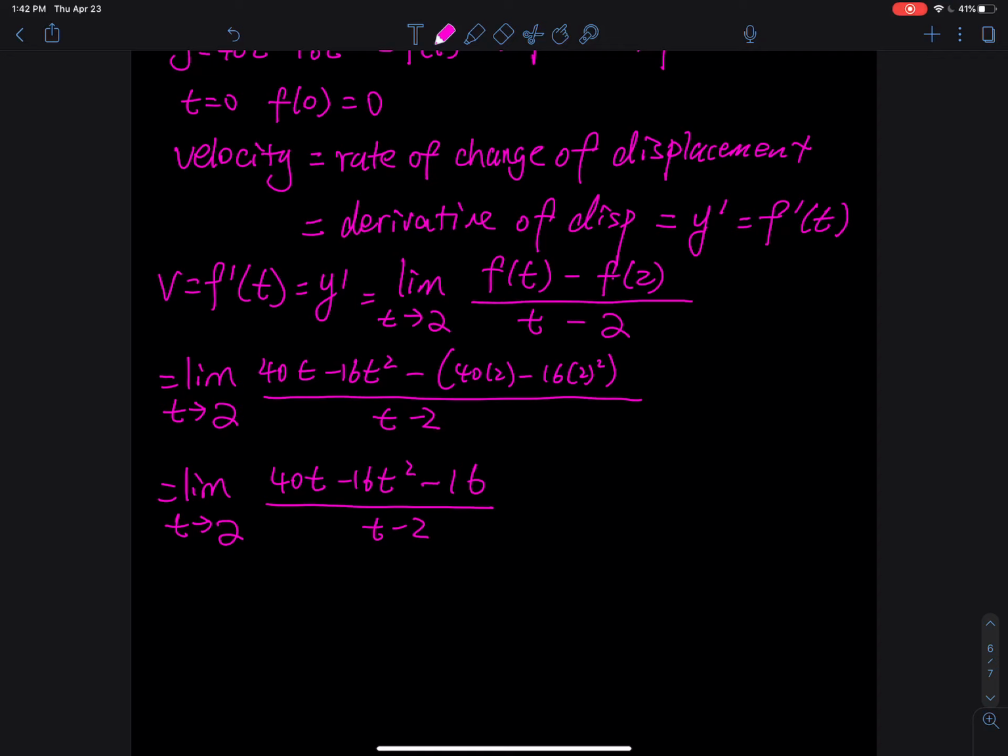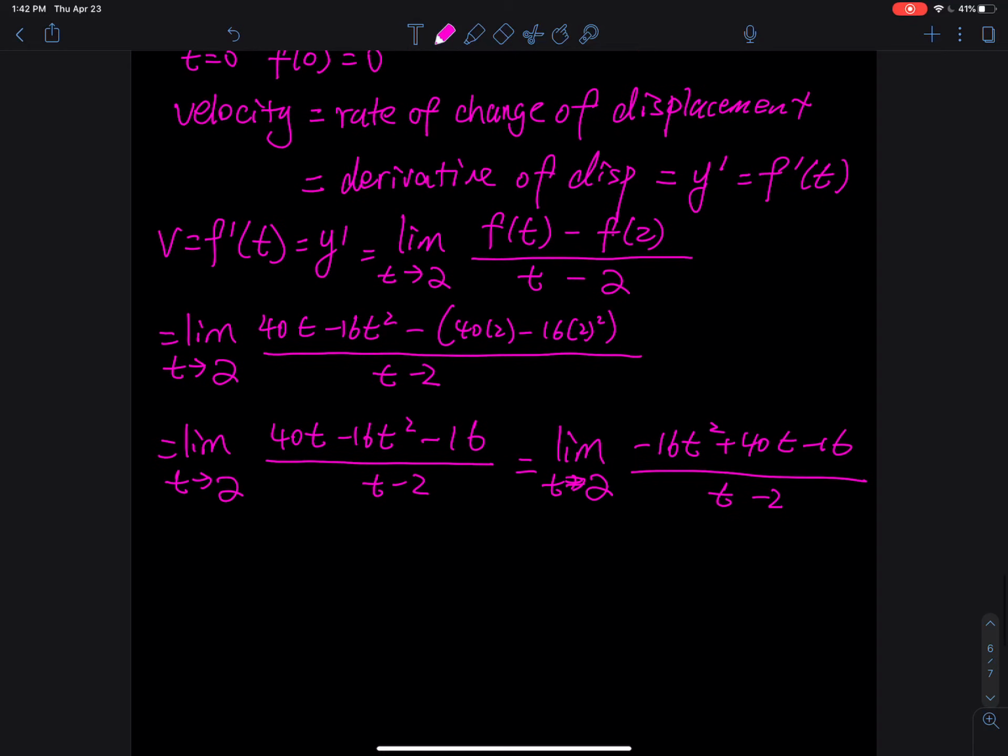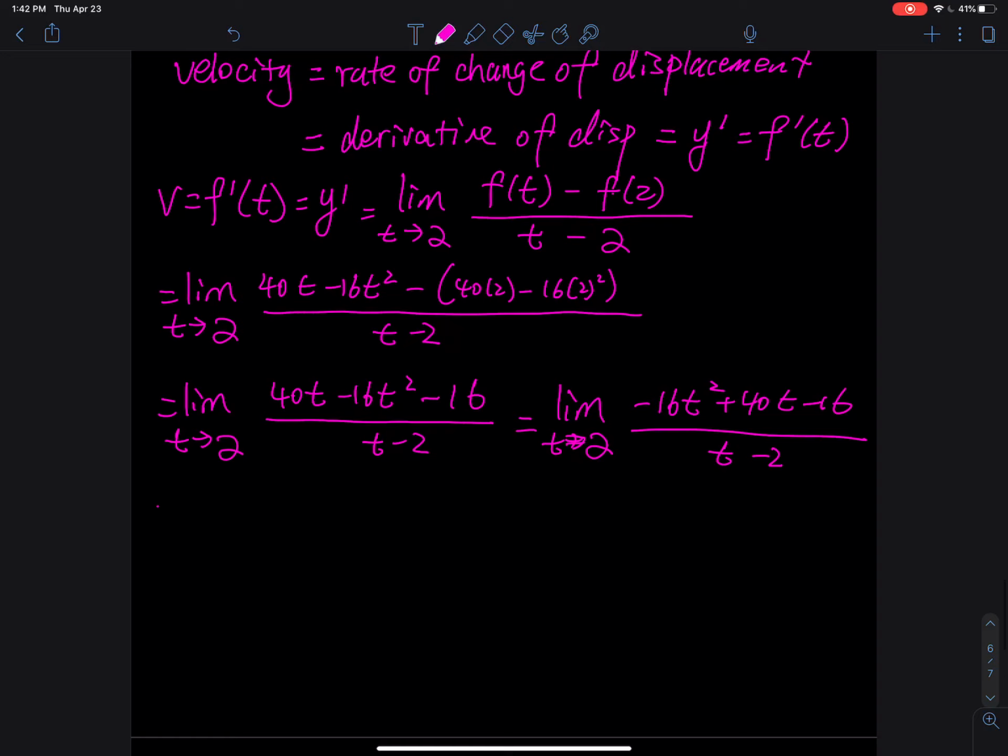To factor, let's put the t squared first. So we have the limit as t approaches 2 of negative 16t squared plus 40t minus 16, divided by t minus 2. Let's reduce the leading coefficient a little bit. So I am going to factor out negative 8. We have 2t squared minus 5t plus 2.